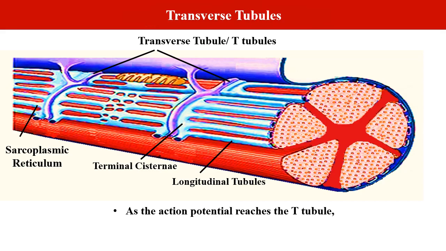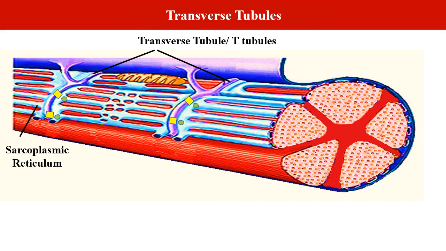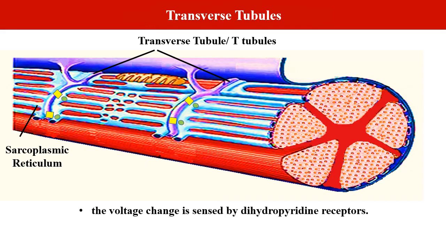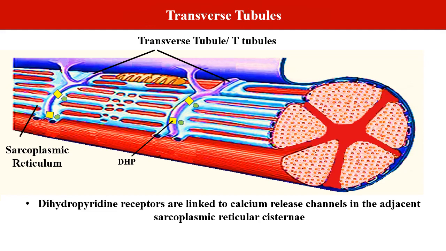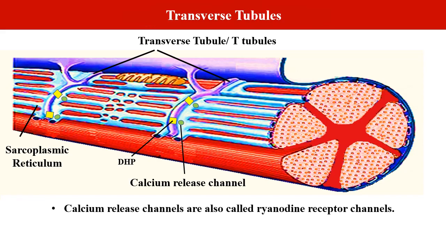As the action potential reaches the T-tubule, the voltage change is sensed by dihydropyridine receptors. Dihydropyridine receptors are linked to calcium release channels in the adjacent sarcoplasmic reticular cisternae. Calcium release channels are also called ryanodine receptor channels.